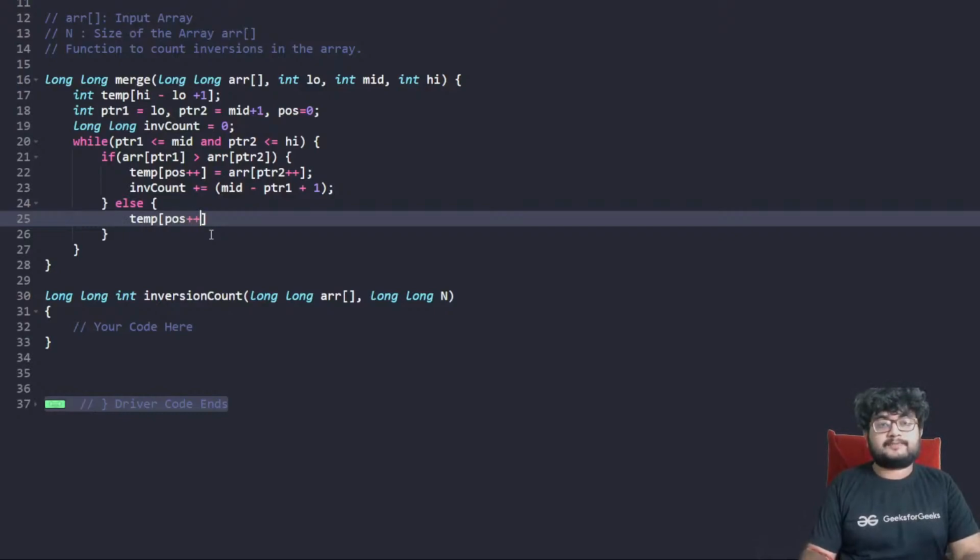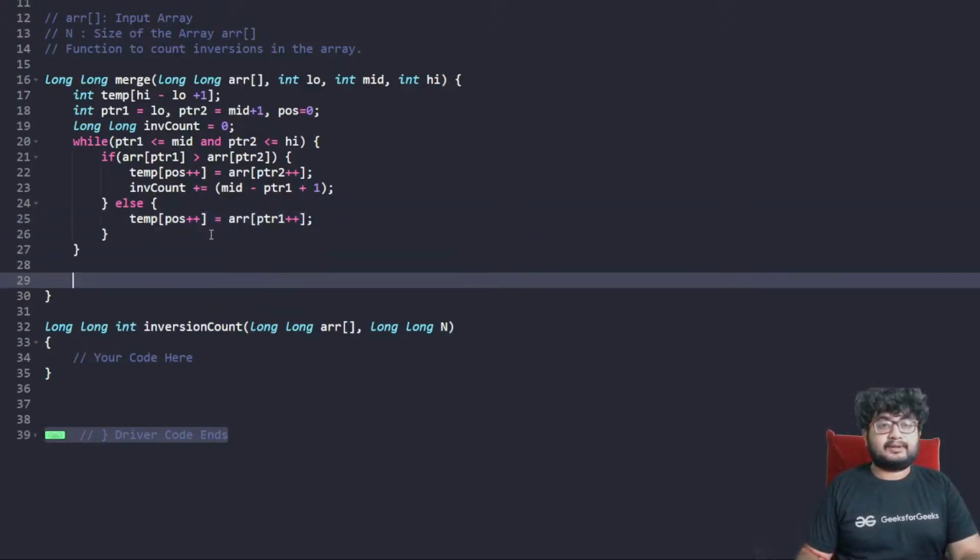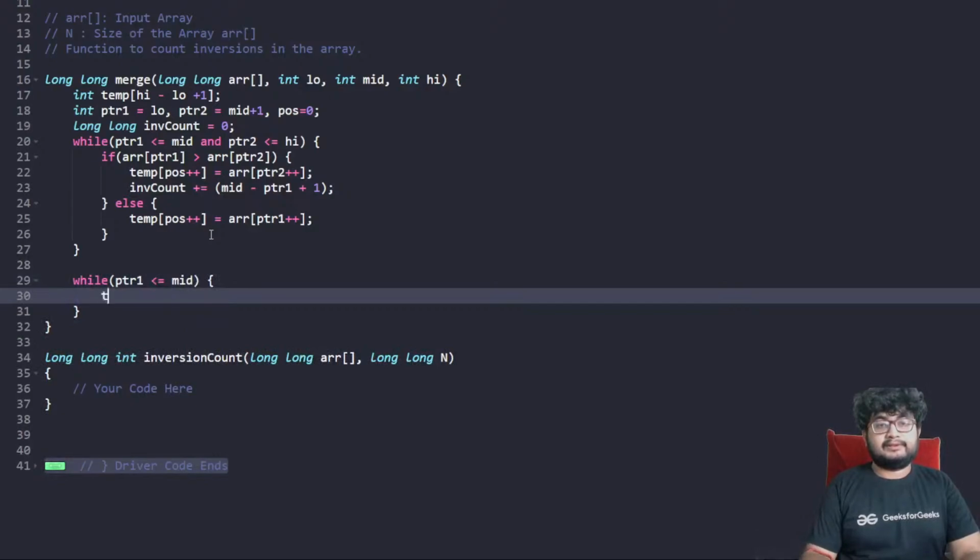So temp of pos plus plus equals ARR ptr1, ARR ptr1 plus plus. Now while ptr1 less than equal to mid, temp of pos plus plus equals ARR ptr1 plus plus.